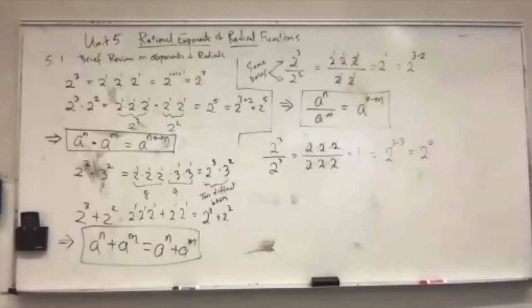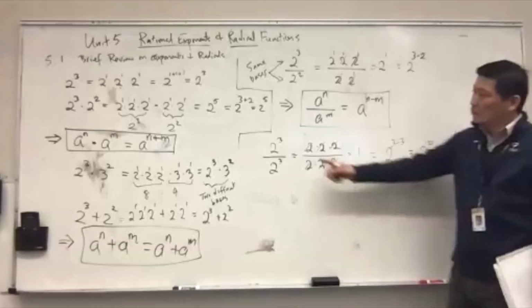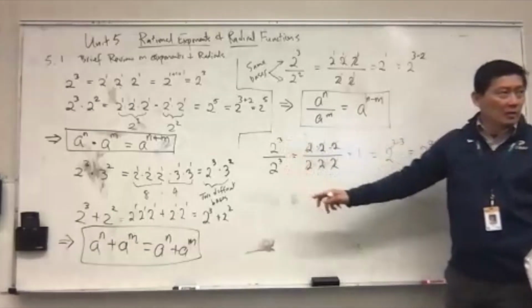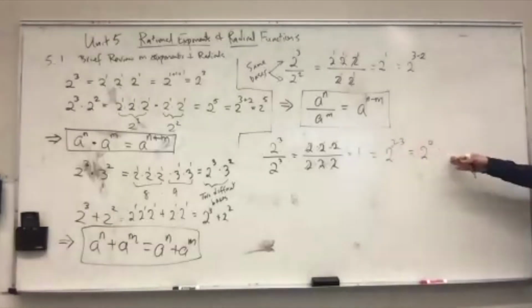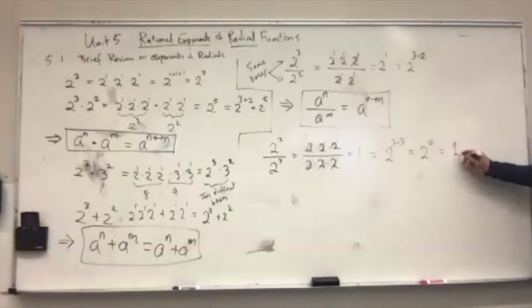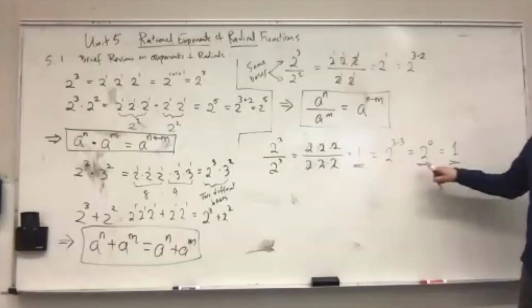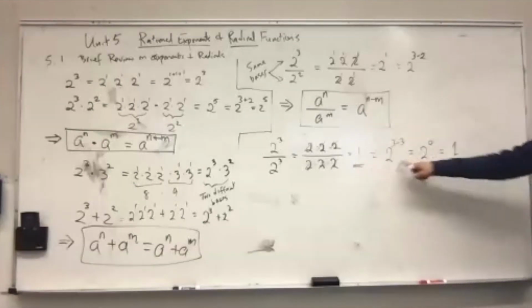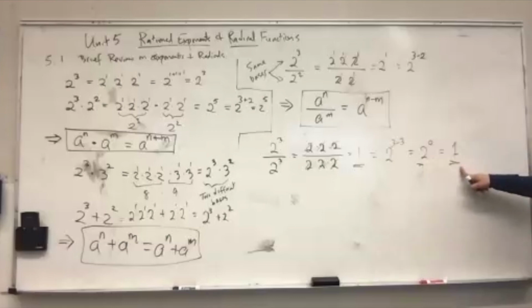Ha! That's where anything to the 0 power is equal to 1 comes from. It comes from taking the exponents, subtracting, and ending up with 0. And this turns out to be 1 because we want to be consistent with this 1, right? So if you say this is equal to this, equal to this, that makes sense, right?